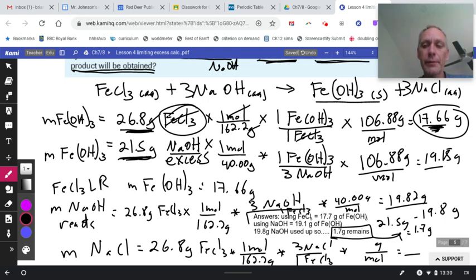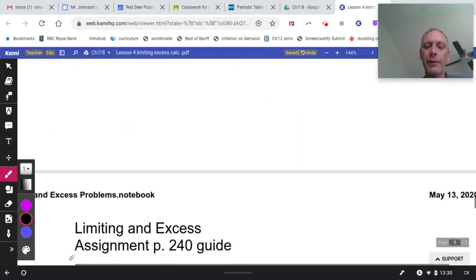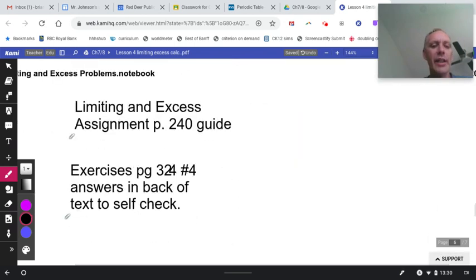Phew, we're done. Okay, it's a lot of work, those questions. In your study guide, page 240 for Johnson, 244 for Kelly. There are 2 limiting excess reagent questions to do.